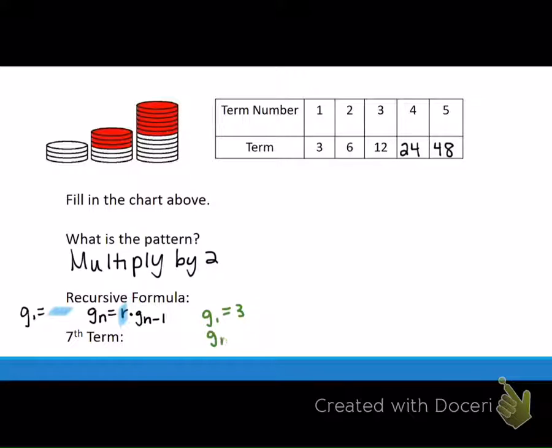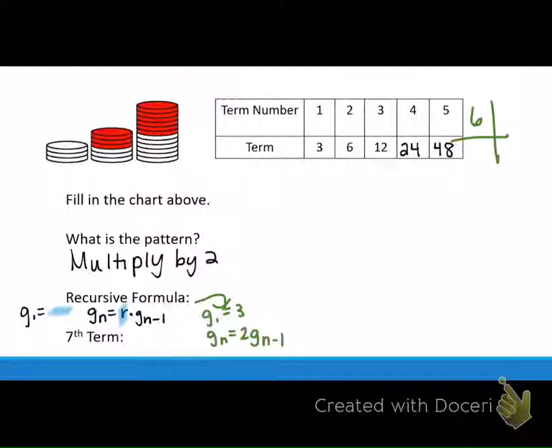G sub n equals 2 times G sub n minus 1. Perfect.